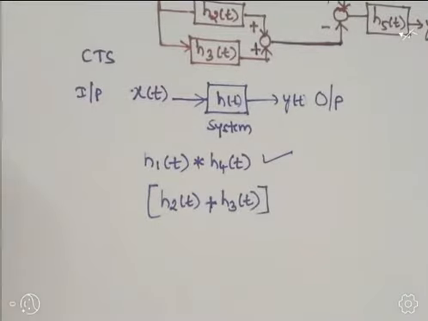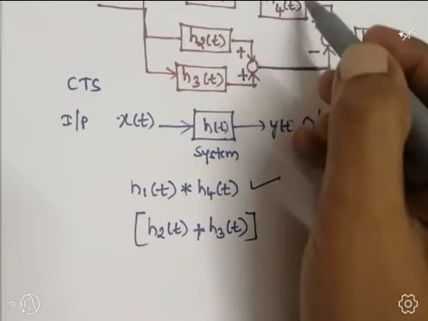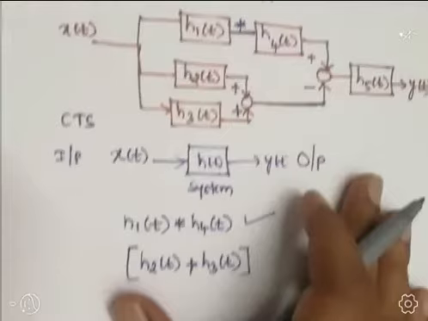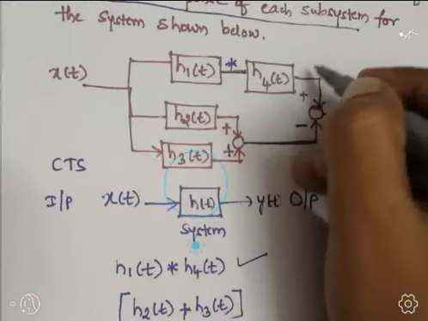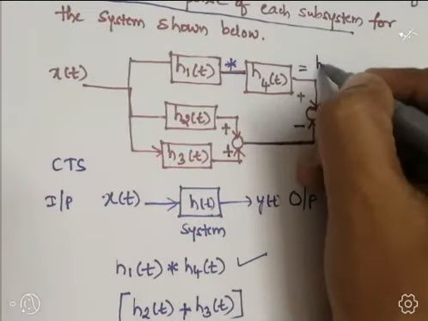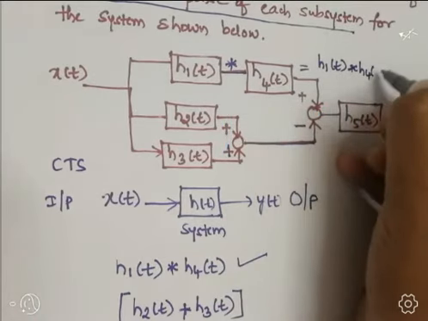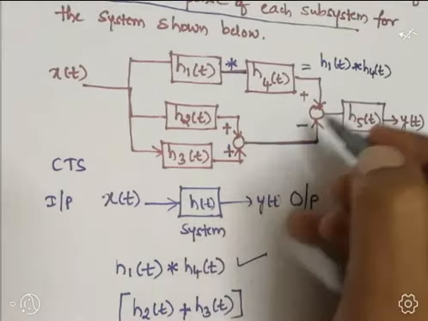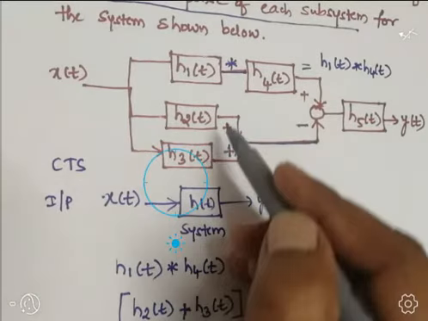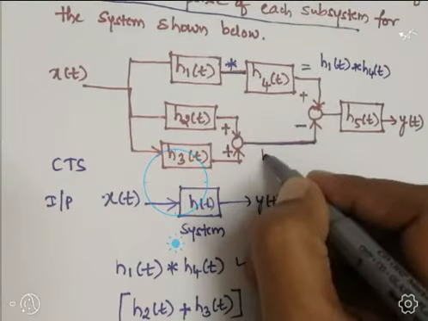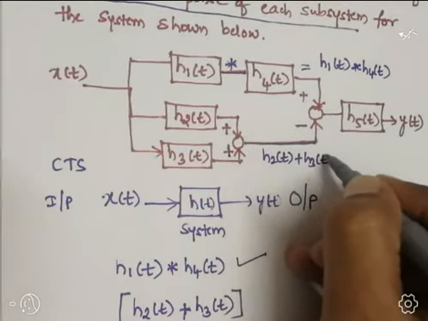Now this result is going to be subtracted from this result. After simplifying, we got h1 of t convolution with h4 of t. From the other part, we got h2 of t plus h3 of t.